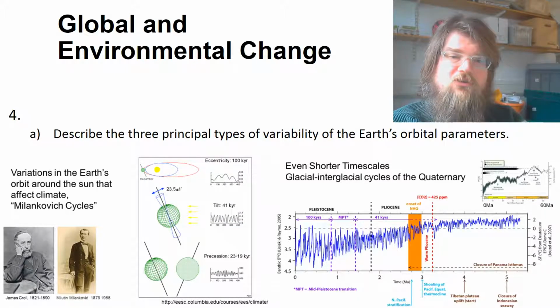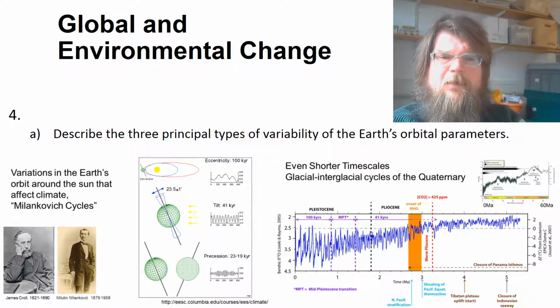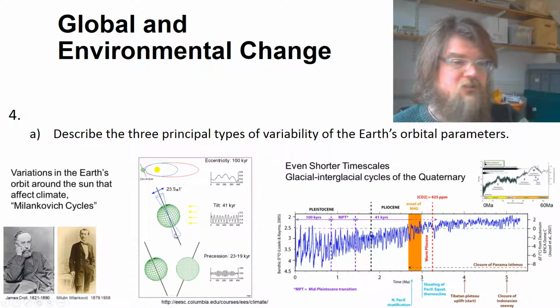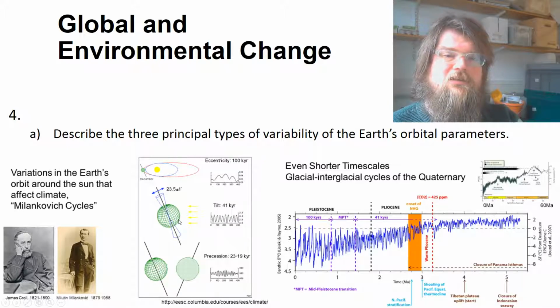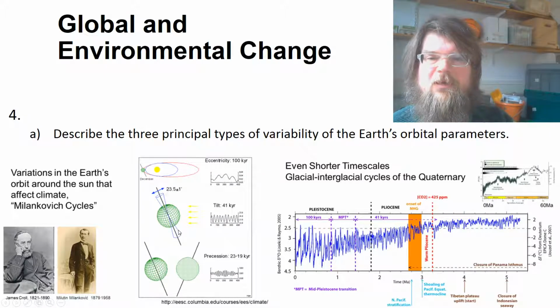As the Earth rotates around the Sun, its axis of rotation, how it spins around every day, is not perpendicular to the orbit of the Earth around the Sun. It's slightly tilted over, as in this example here. And finally, there's precession, where this tilt of the Earth's axis of rotation doesn't always point in the same direction. It wobbles around.